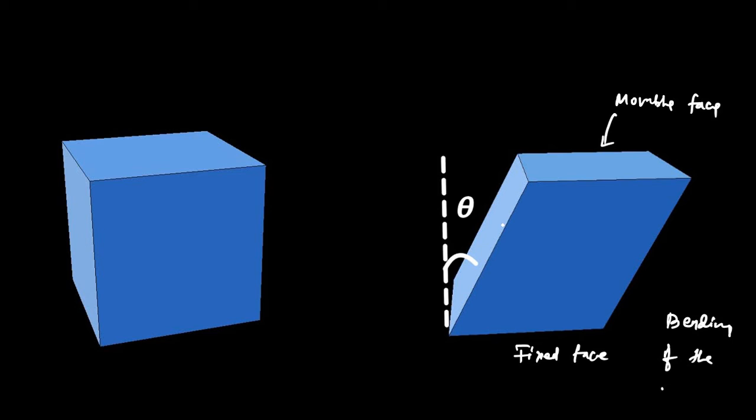The magnitude of this bend is expressed as this angle, or the tan of this angle, tan theta. Let's say this is the perpendicular distance and this is the base. So tan theta is equal to P by B.